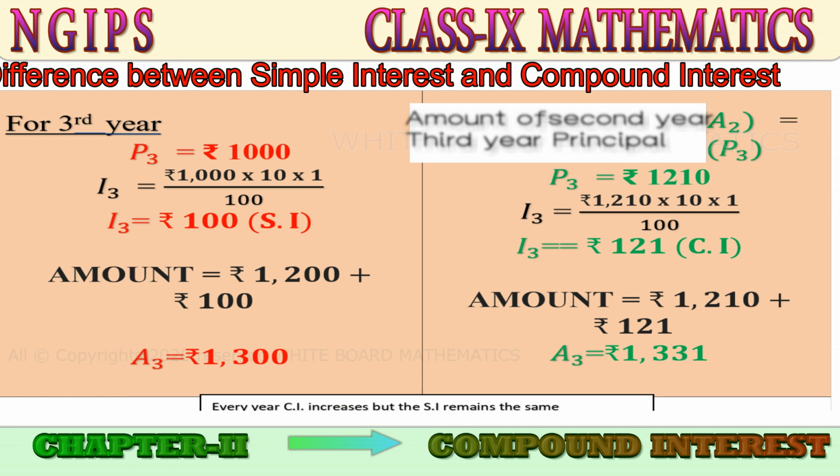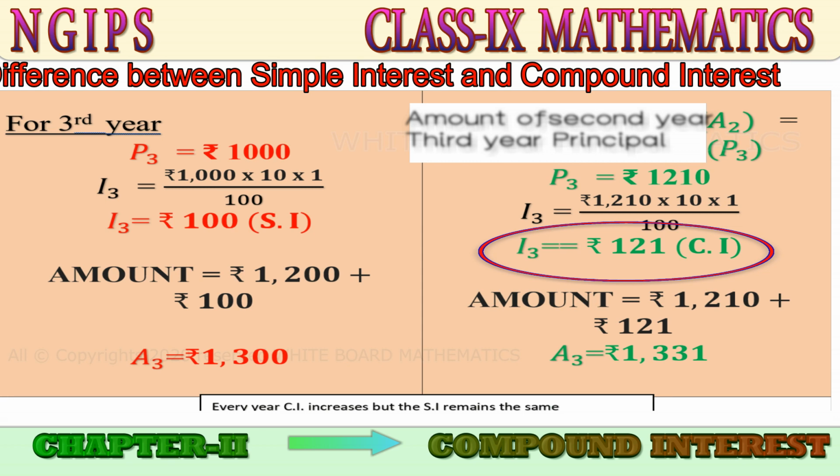Now we'll come to the compound interest. In the compound interest, the principal it is the second year amount it is going to be carried for the third year principal. So third year principal is equal to 1210, because the previous year amount it is 1210. Interest is equal to 1210 into 10 into 1 divided by 100, which gives us 121.